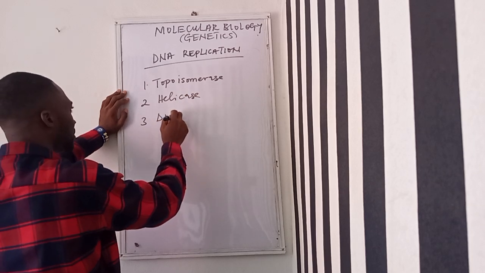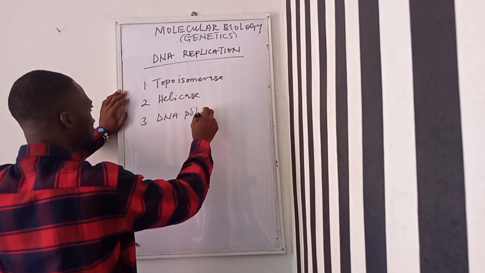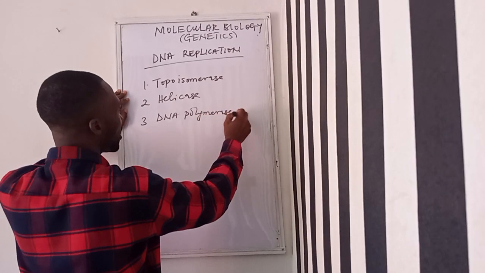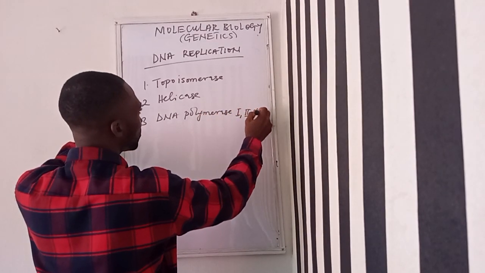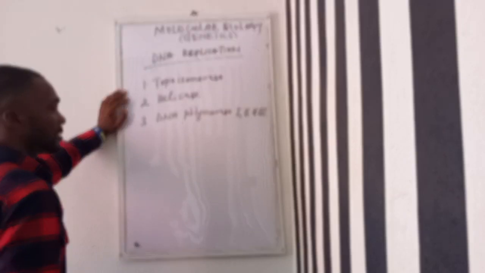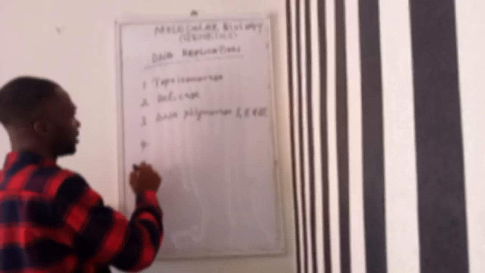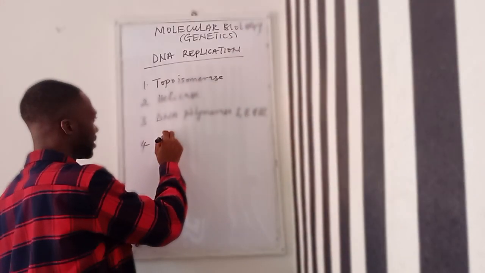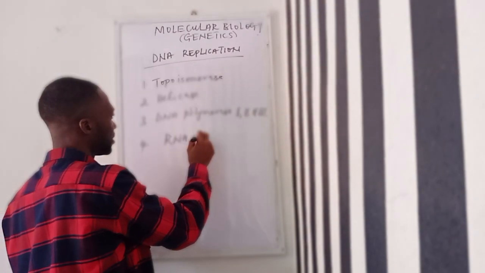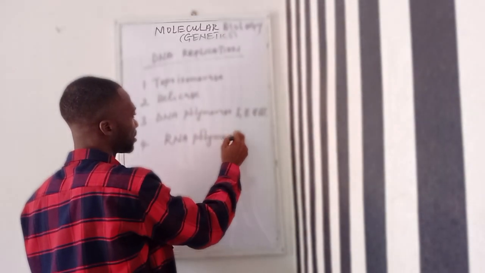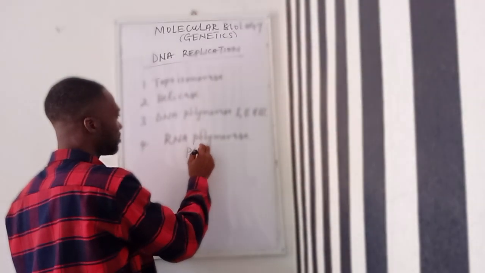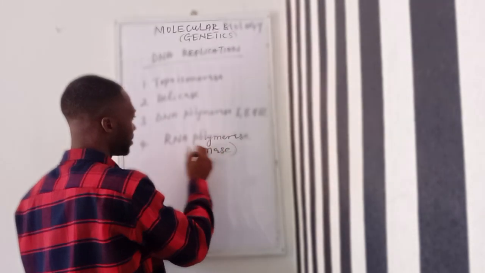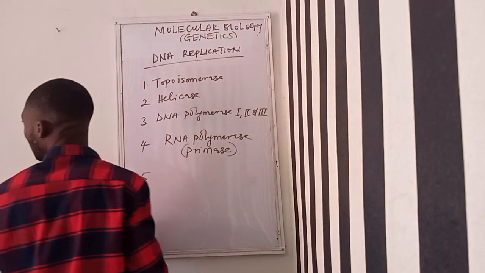We have DNA polymerase 1, 2, and 3, even though the one that is mainly involved in DNA replication is DNA polymerase 3, and I wouldn't want to go into the others. Then the next one is RNA polymerase, which is called primase.